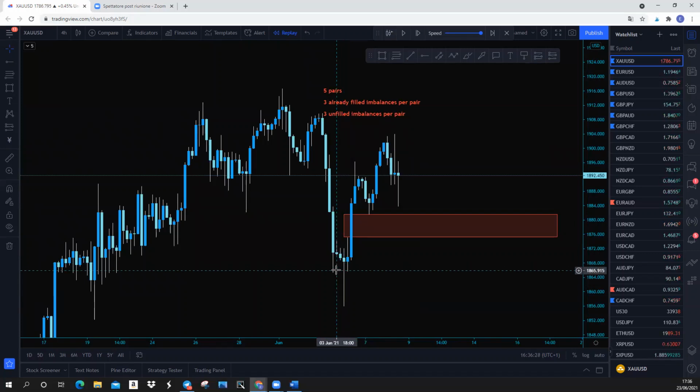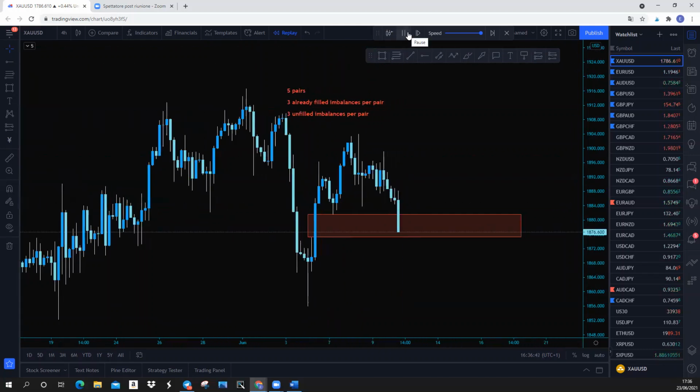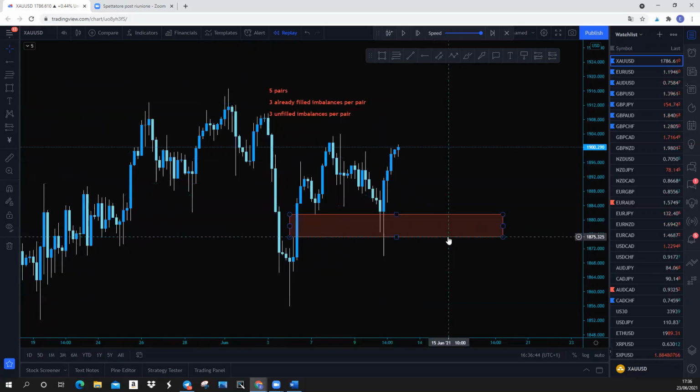We cannot predict that we will create imbalance. Nothing is predictable in Forex. We just need to look, understand what is happening, and then react based on what is happening. Come back and fill it. As you can see, we're filling the imbalance every single time.